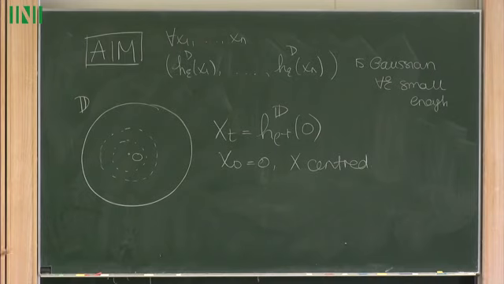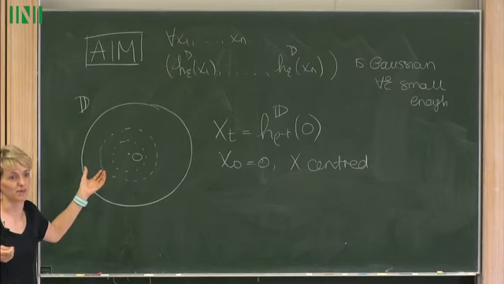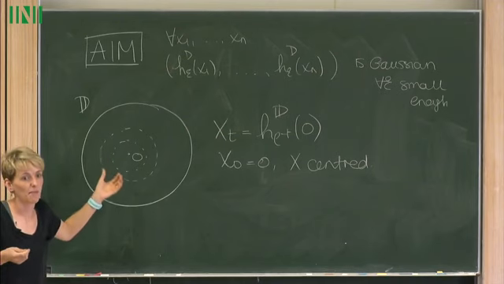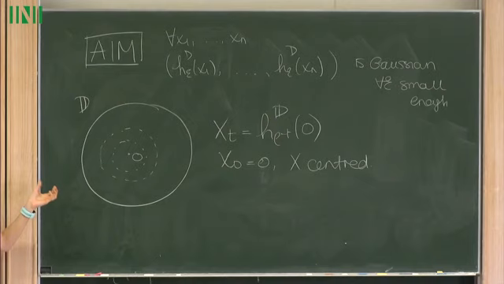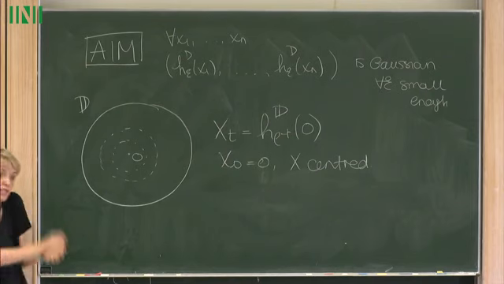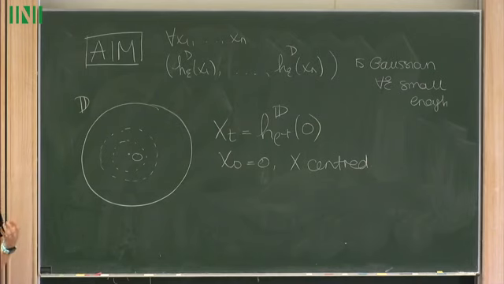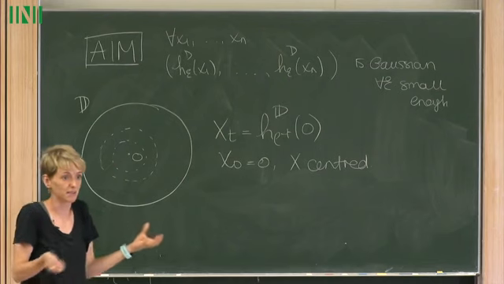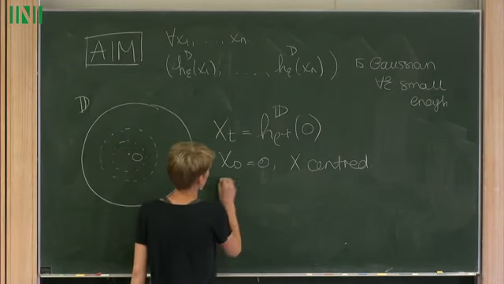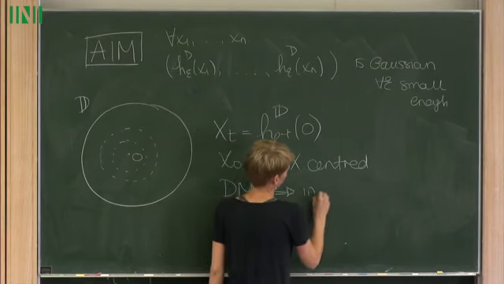Because of the domain Markov property, the increments of this process are going to be independent. If I want to take the circle average at time t plus s, I could first do it at time t, and then do it inside this circle. Just because I've assumed independence in the domain Markov property, this gives me that the increments of this are independent.